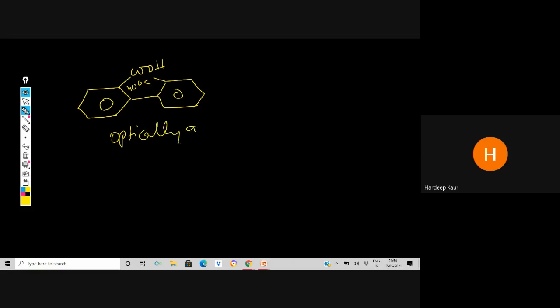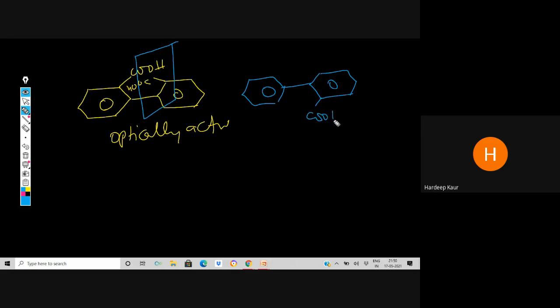The key reason is that it has a plane of symmetry. Means if we draw a plane like this, one half is exactly the mirror image of the other half. Okay. So if we have another type of molecule in which we have two COOH groups at two different ortho positions of the rings, this molecule is also optically inactive because it has a center of symmetry.